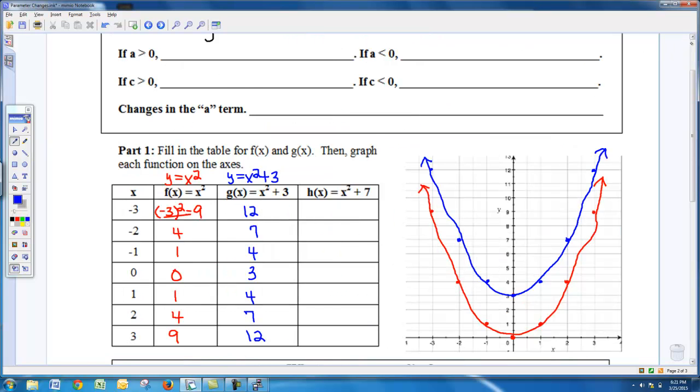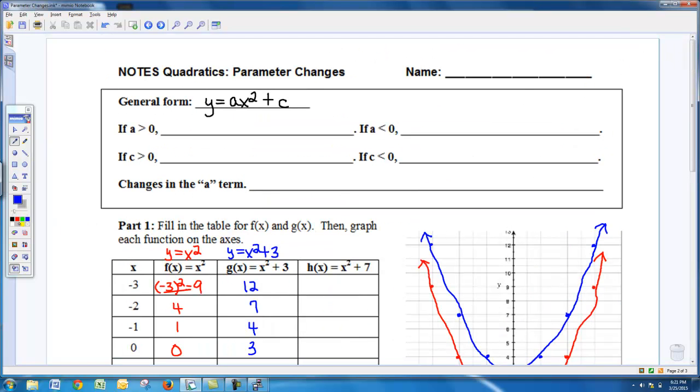Okay, let's just sum this all up and then we'll be done. So if A is greater than 0, our parabola opens up. If A is less than 0, then our parabola opens down.